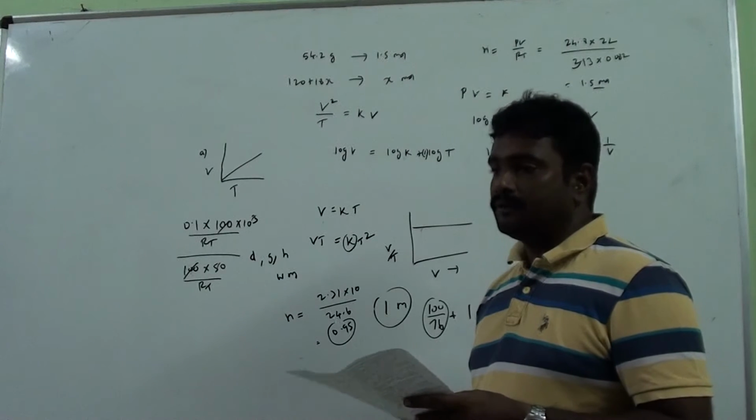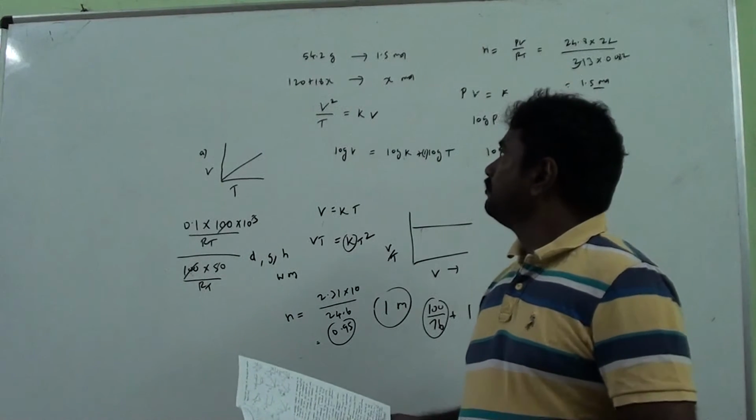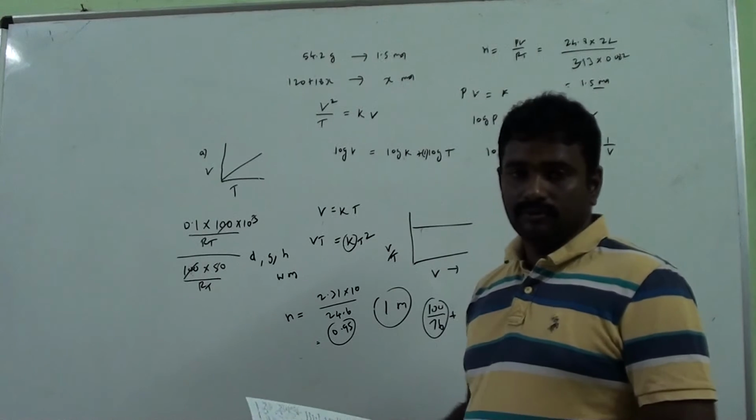54.2 gram gives 1.5 mole. That means 120 plus 18x gives how many moles? x moles.